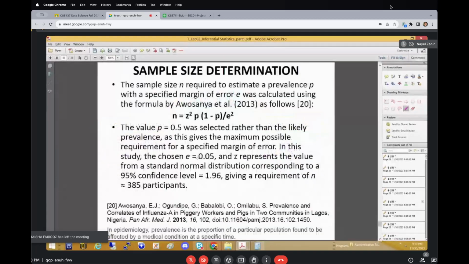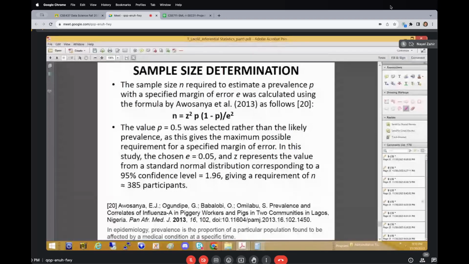Sometimes we need to calculate the sample size determination. That means, from the population you want to take a sample, but how many samples do you have to collect, such as student data?